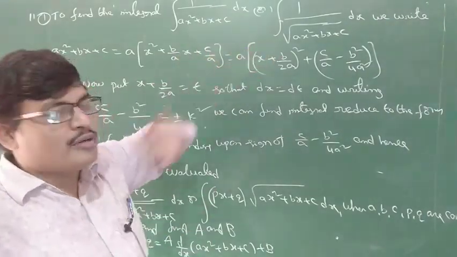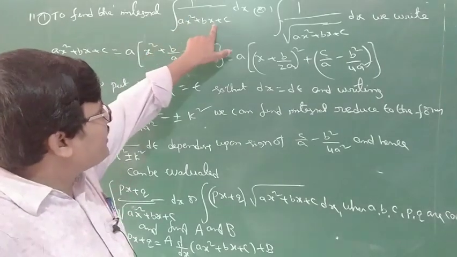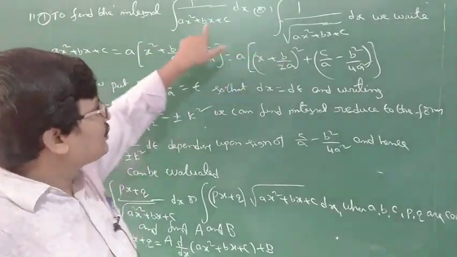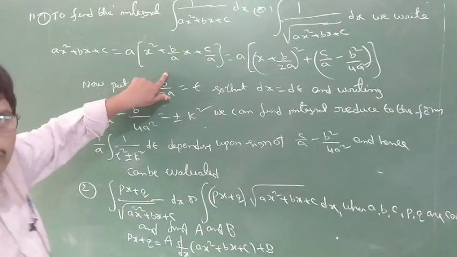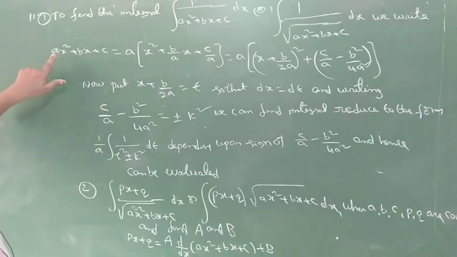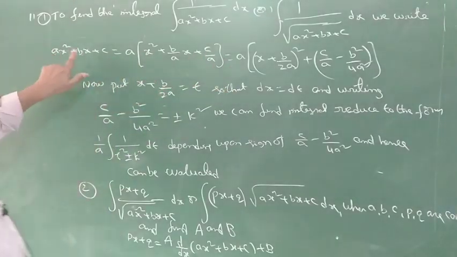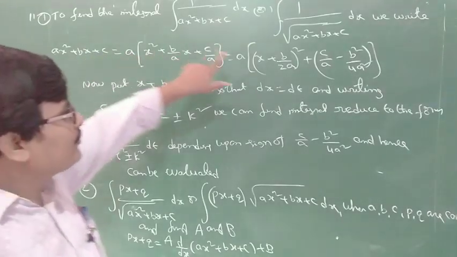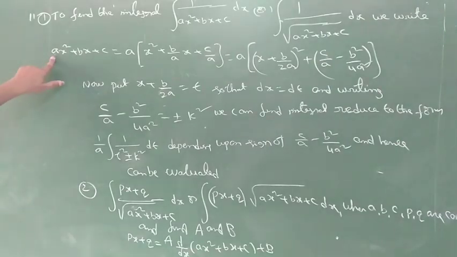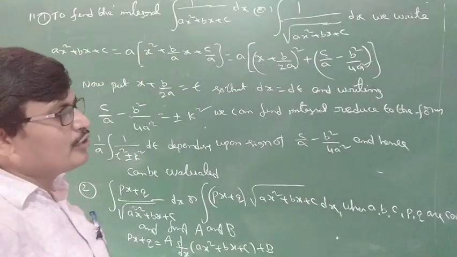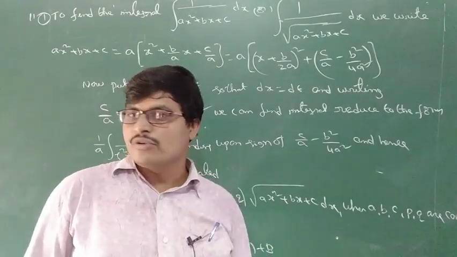How to solve this type? Whether in root or without root, ax square plus bx plus c is converted by first taking the x square coefficient common, and then converted into this type. For example, in 2x square plus 3x plus 4, a is equal to 2, b is equal to 3, c is equal to 4.